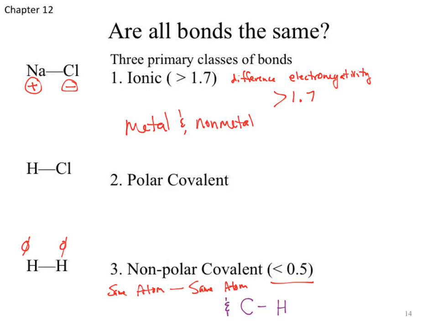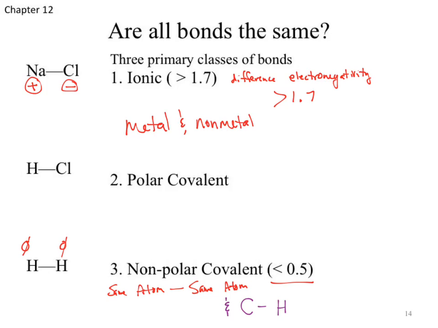So this rule of thumb doesn't nail it down perfectly, but it nails it down 90% of the time, you'll see. So when you do homework questions, you should be looking at the electronegativities. When you do exam questions, do you have a table of the electronegativities? No. So what should you be assuming for a nonpolar covalent bond? Same atom to same atom and carbon to hydrogen.